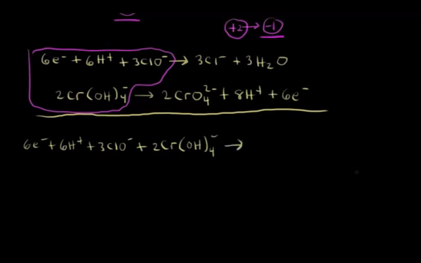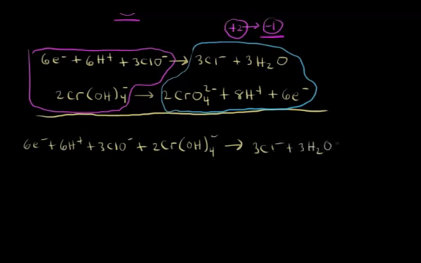And so on the right side, we take all of this and add it all together for our product side. All right, so let's see what we have. We have 3Cl minus plus 3H2O plus 2CrO4 2 minus plus 8H plus 6 electrons.